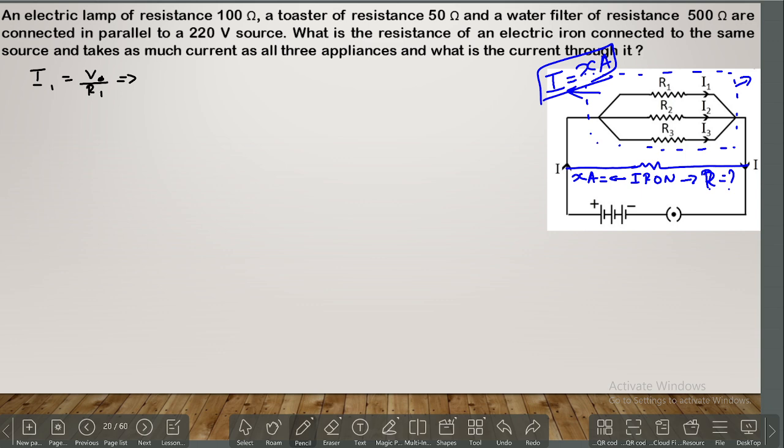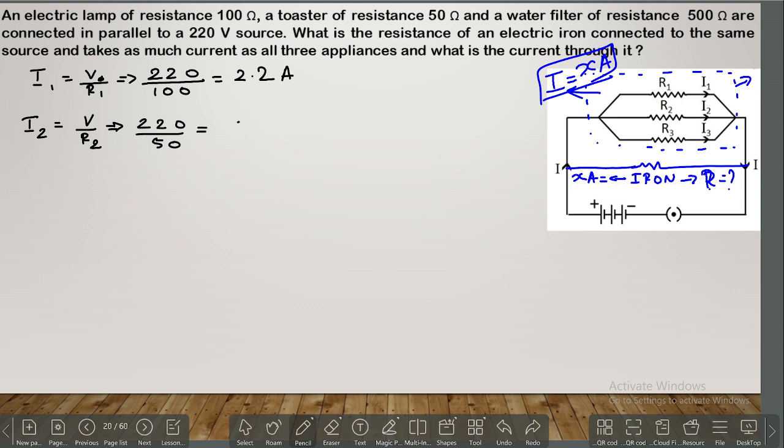So what is the value of V? 220 by, what is the value of R1? 100. So 220 by 100 is going to be 2.2 ampere. Like that, calculate for I2. I2 is equal to V by R2, so 220 by 50.